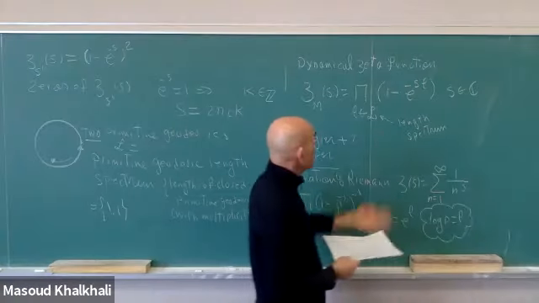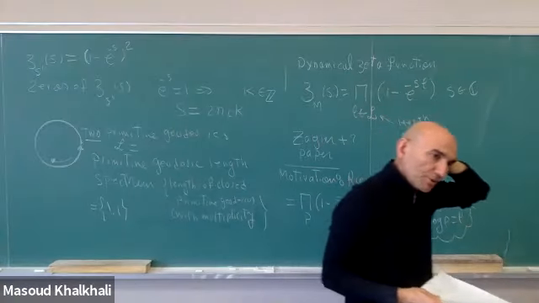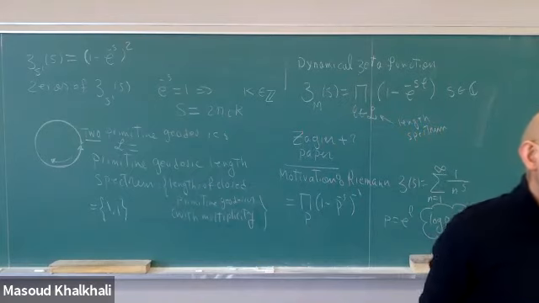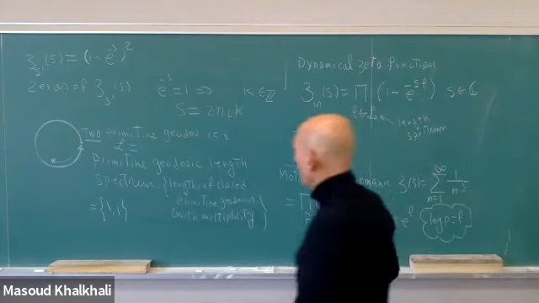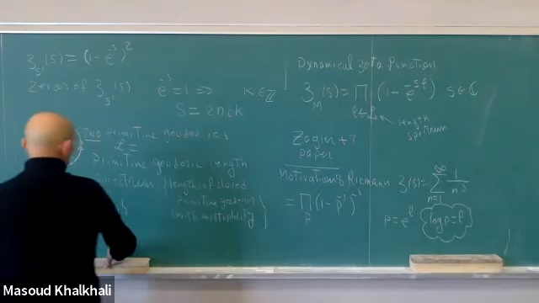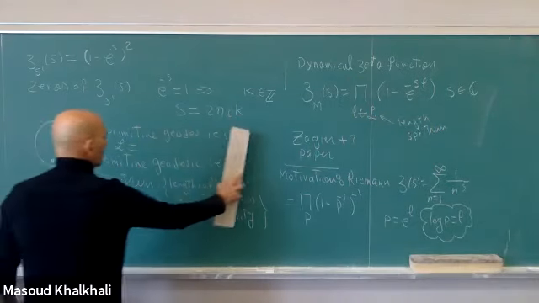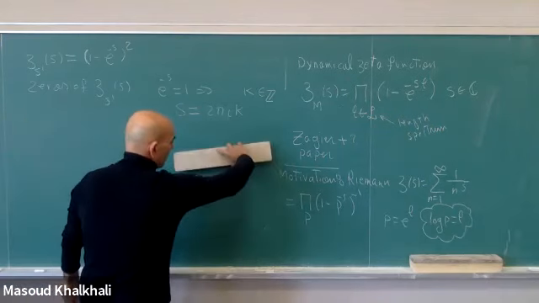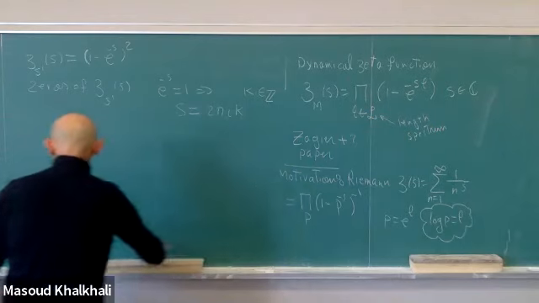Now, the general idea is that this should be related somehow to the spectrum of the Laplacian. The spectrum of the Laplacian we have calculated already. We know what it is. So let's see what the spectrum of the Laplacian is. What is the Laplacian in this case?